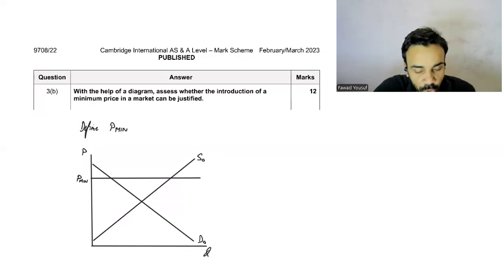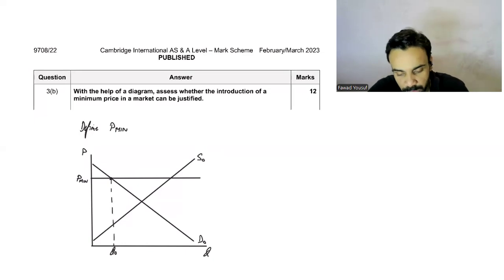This is how you impose P minimum. Prices cannot fall below this level. The prices can rise. We know what it does. Quantity demanded falls down. Let's mark it QD. On the other hand, quantity supplied increases.